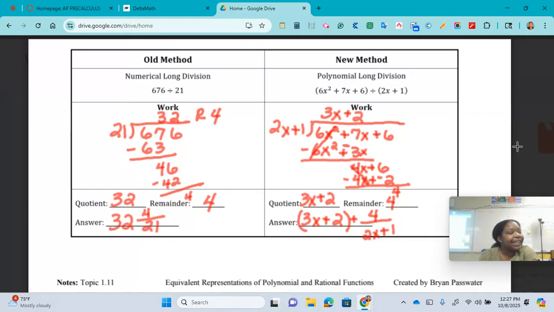If you're done copying this down, go to example 6. I want the full answer with the remainder. Do that long division because it's fun.